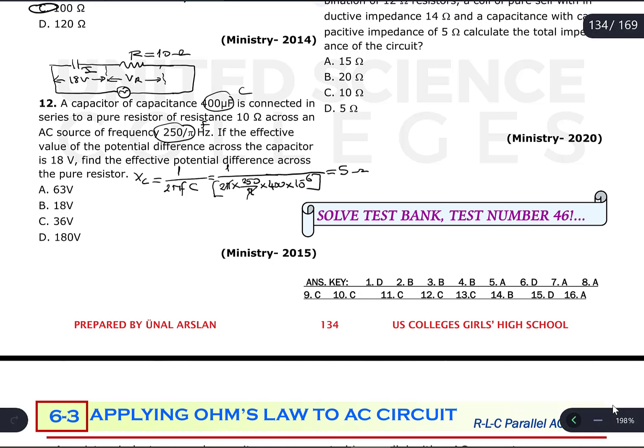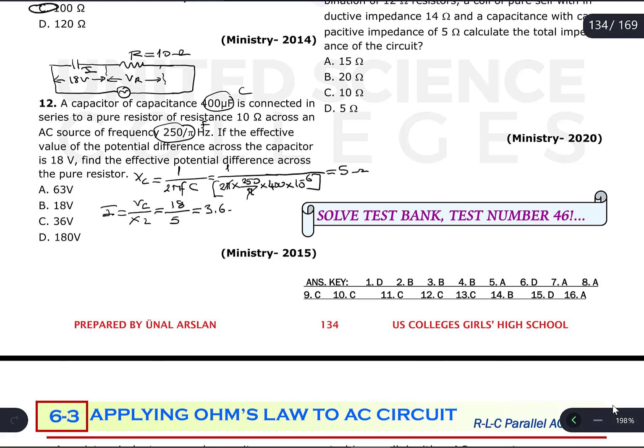Now I can calculate electric current, because according to Ohm's law, electric current across the capacitor is VC, potential difference across the capacitor, divided by XC. Potential difference across the capacitor is 18 volt. XC we found 5 ohm. So 18 divided by 5, which is 3.6 ampere.